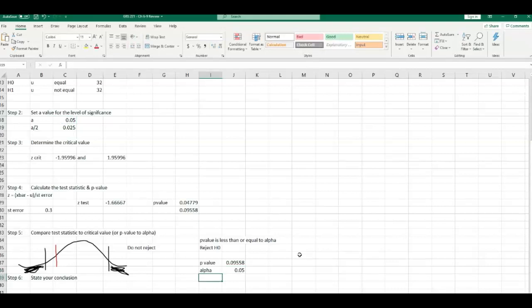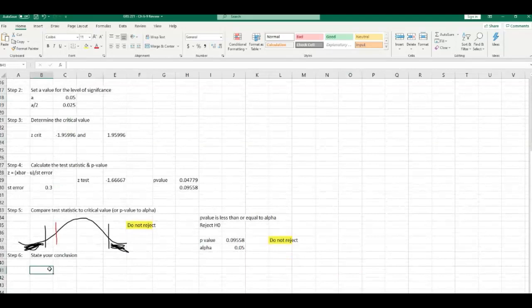So since our p-value is greater than our alpha, we once again say that we do not need to reject our null hypothesis. And no matter which method you use, it's going to come up with the same conclusion. So whether you are comparing your test statistic to the critical value or you're comparing the p-value to alpha, you should get the same final answer.